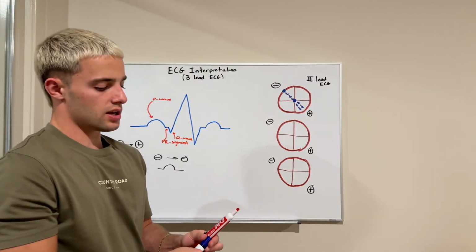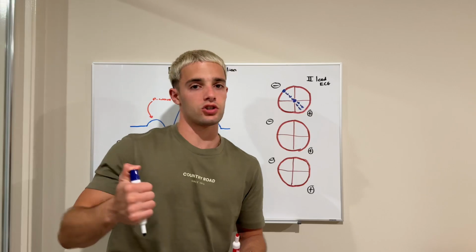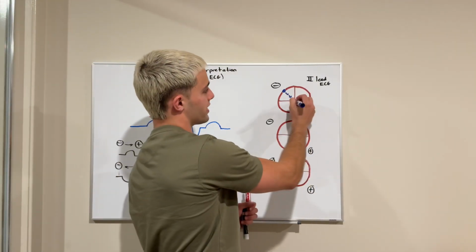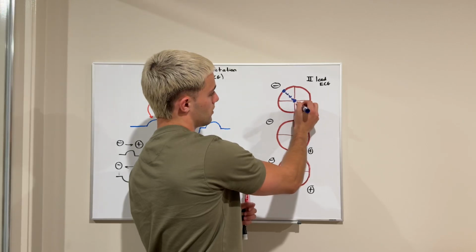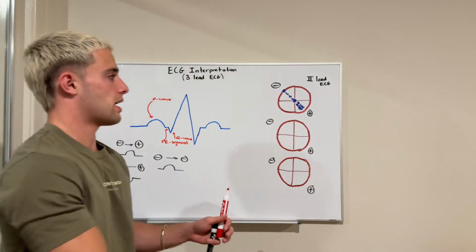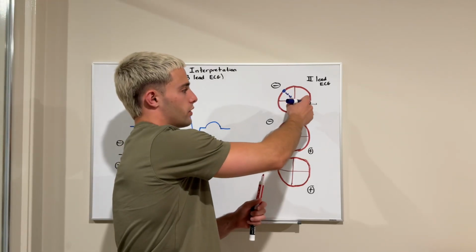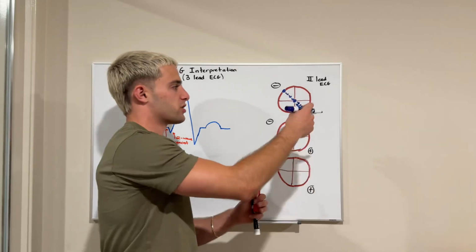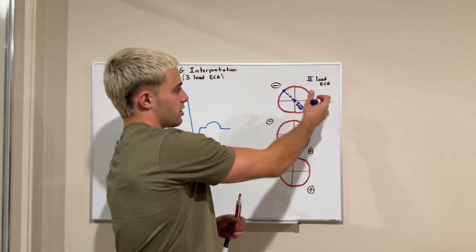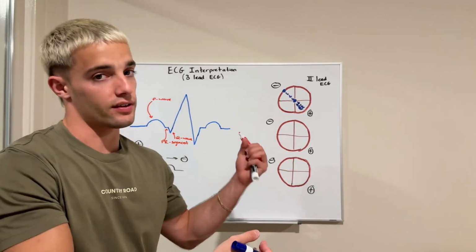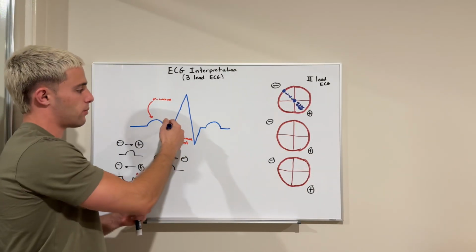And because the left side of the intraventricular septum is thicker and larger, it's going to send action potentials over to the right side, like that. And it's going to give us the positive moving towards the negative when we talk about vectors. So more of the positive charge is going to move towards the negative side. So this is why we get a downward deflection.